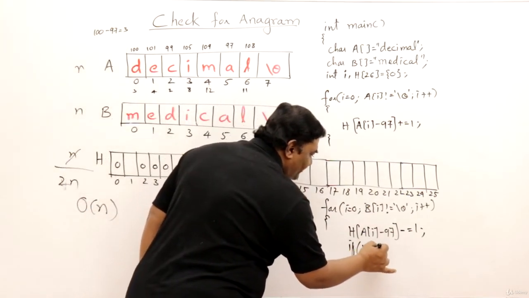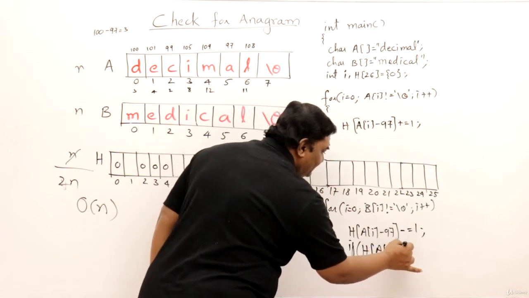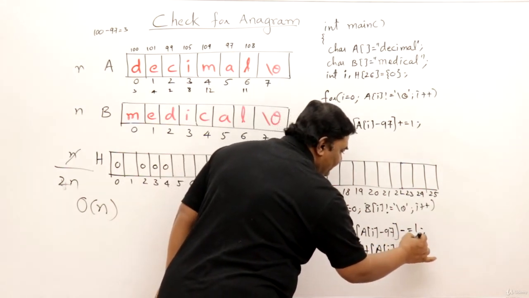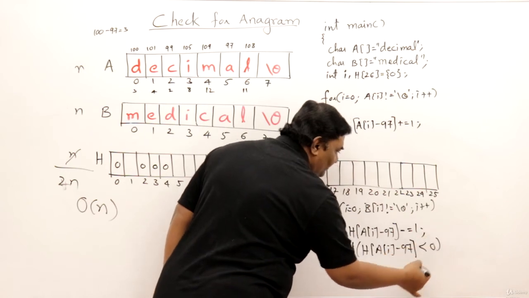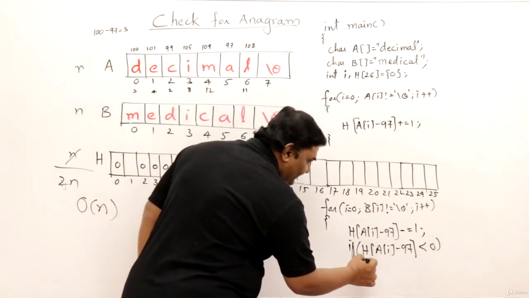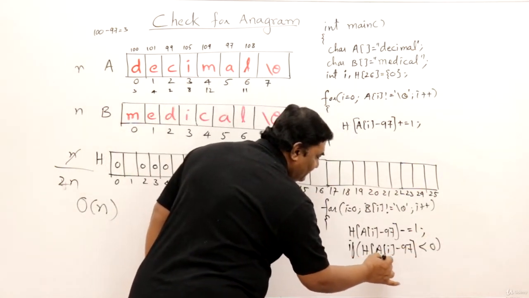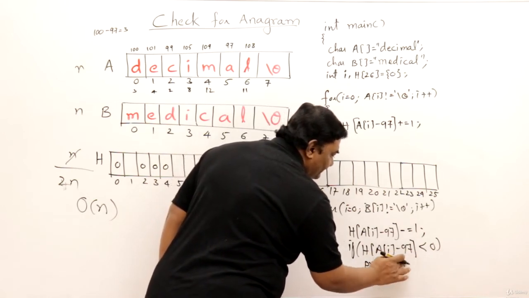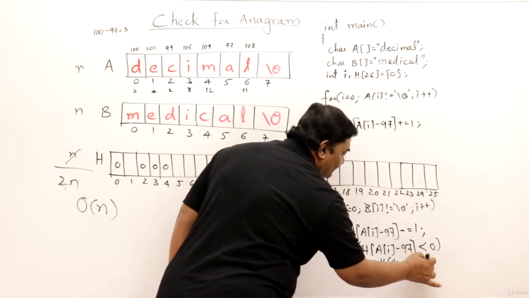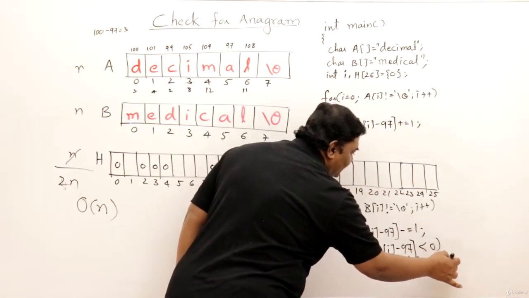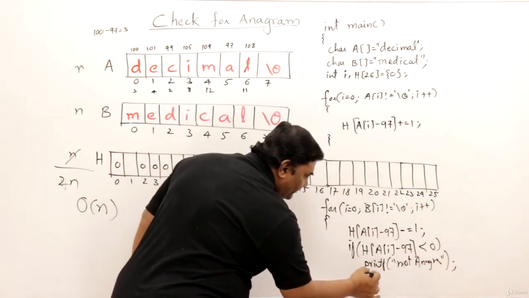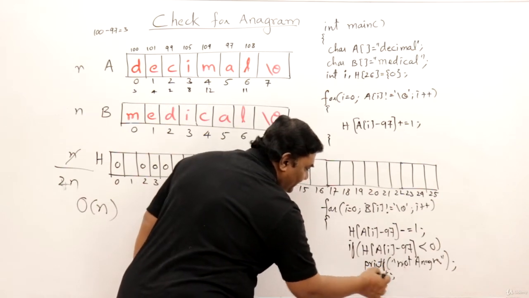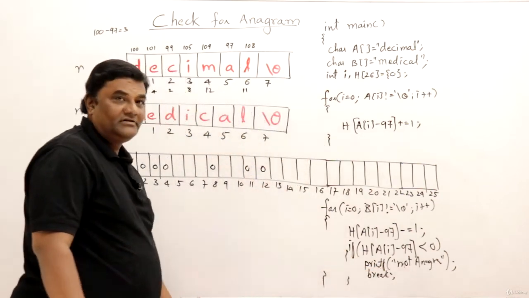If h of B of I minus 97 is less than 0, just print not anagram, not anagram. All right. Then also break, come out of this loop.